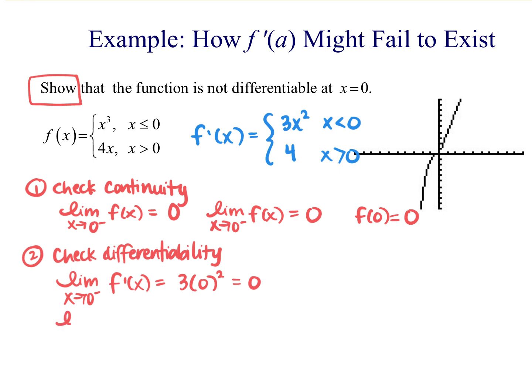And when I check it from the right of f prime, that's the value of 4. Those two things are clearly not equal to each other, so we say that this function is not differentiable. Although it was continuous, it does not meet the requirements to be differentiable at the value of 0.